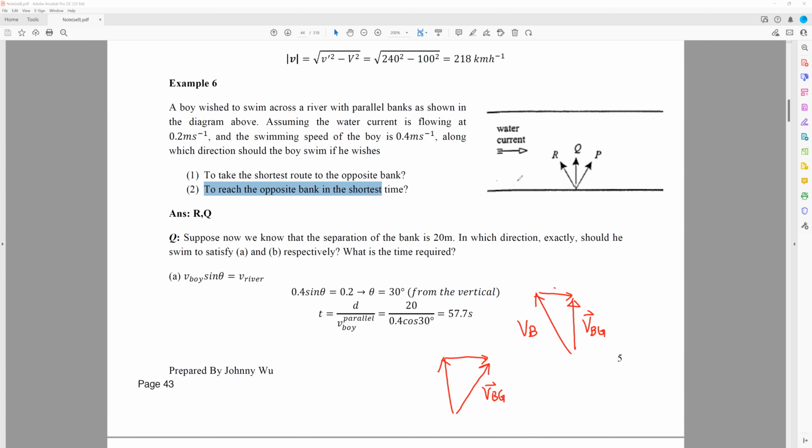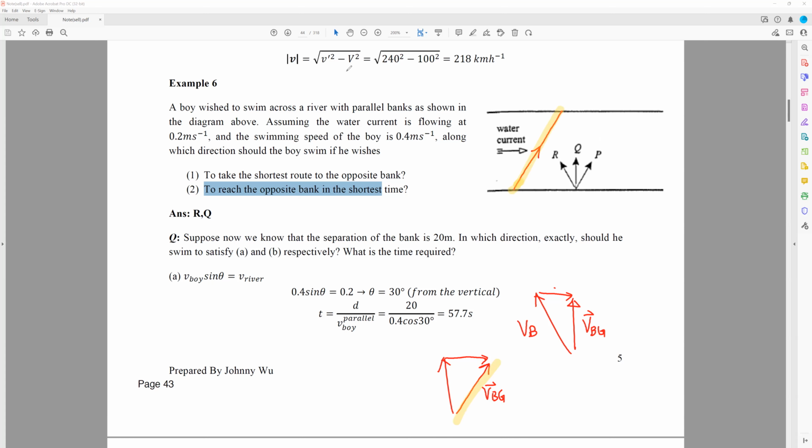Then that means the boy is moving at some angle with the bank. So how can we find the time? We need to decompose the motion into two components.